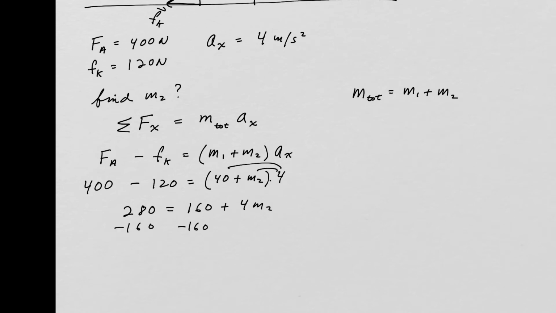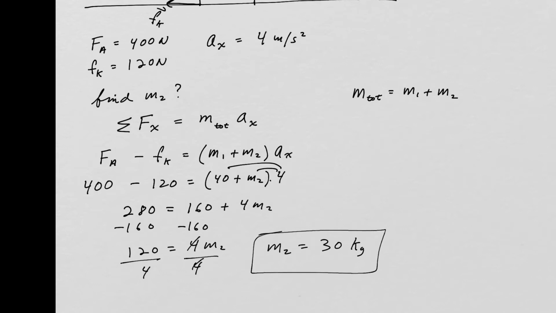I get 120 is equal to 4 times m2, and then finally divide by 4. So m2 is going to equal 120 divided by 4, which is 30. So 30 kilograms would be my mass of m2.